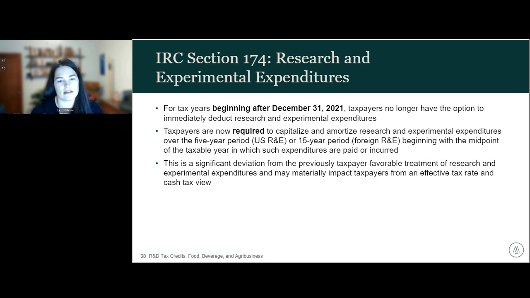So this is obviously a very significant change for taxpayers that are very heavy as far as their research and development expenses. This could have a significant impact because, as you can imagine, it could increase your taxable income for the year.